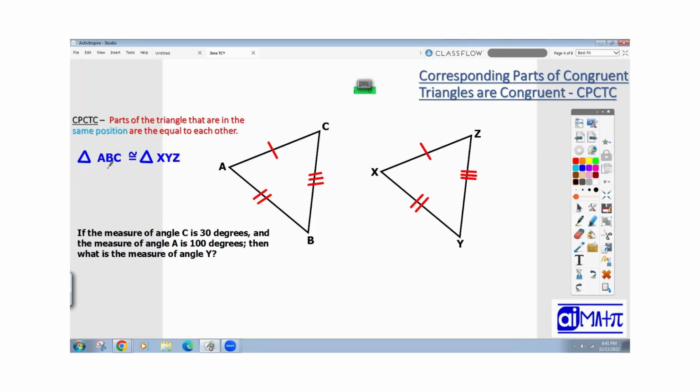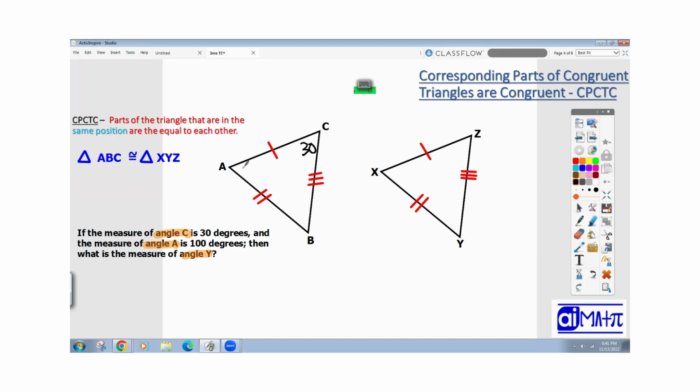It says triangle ABC is congruent to triangle XYZ. If the measure of angle C is 30 degrees and the measure of angle A is 100 degrees, then what is the measure of angle Y? So what I want to pay attention to is angle C, angle A, and angle Y. I've been told that angle C is 30 degrees, so I'm going to label it like that.